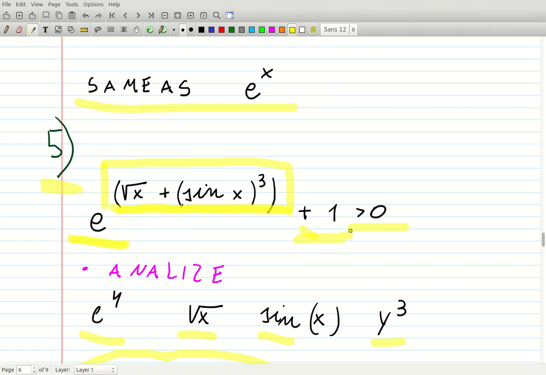Of course, we obtain something that will be greater than 0. So we don't need to know what value x will assume. It will always be greater than 0. So this inequality, which looks very scary, can be solved in a few seconds. Only remember this property of the exponential function: every number we choose, e to y will always be positive.